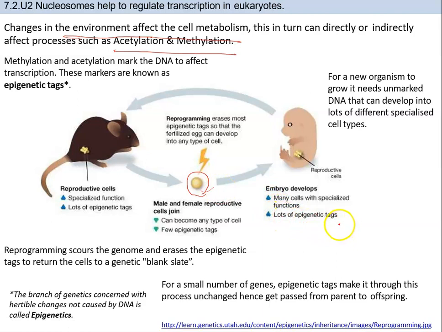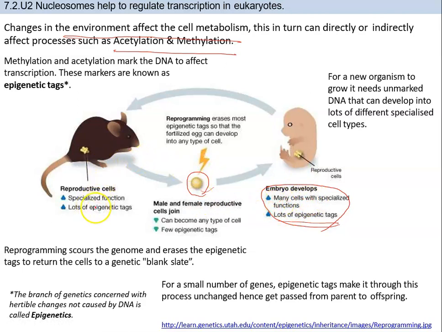So if you look at over here, you can see that the embryo develops many cells with a specialized function due to development, and lots of epigenetic tags will be included after development, because the cells are becoming differentiated, so they have their own epigenetic tag.